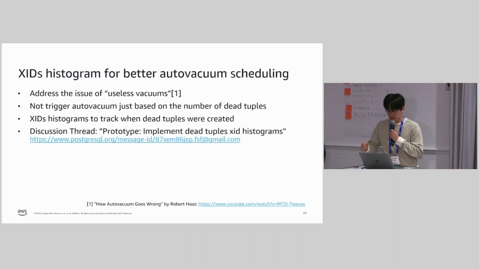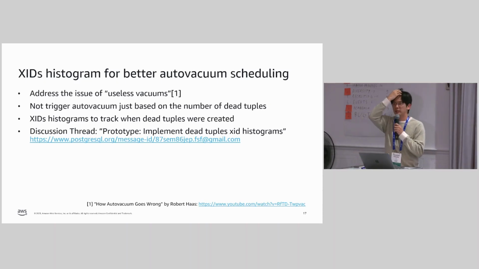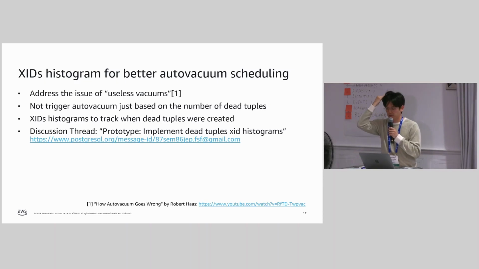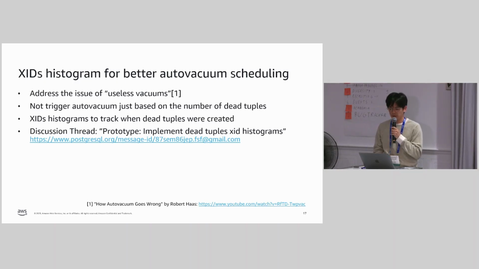Another idea proposed is related to autovacuum scheduling, which is really interesting. Currently, autovacuum triggers based solely on the dead tuple count, so the number of dead tuples on the table. However, having many dead tuples doesn't guarantee they can be removed, right?